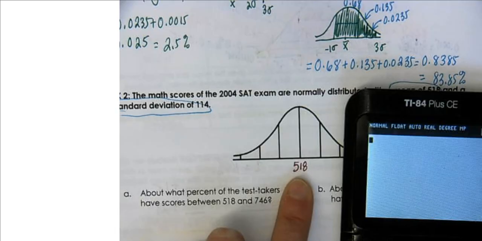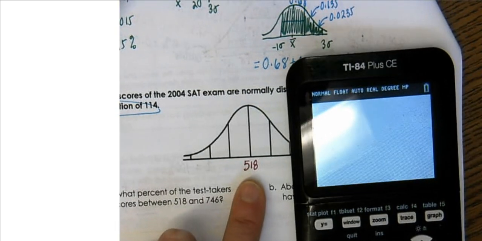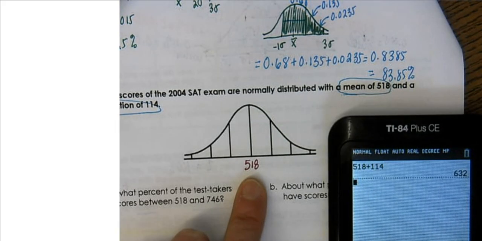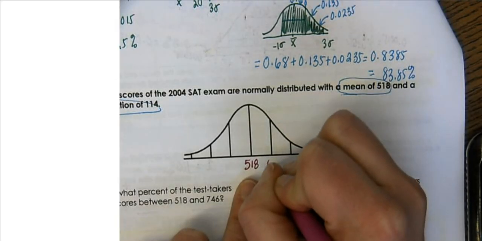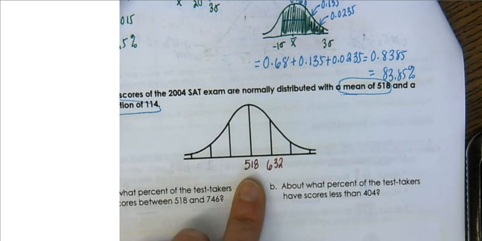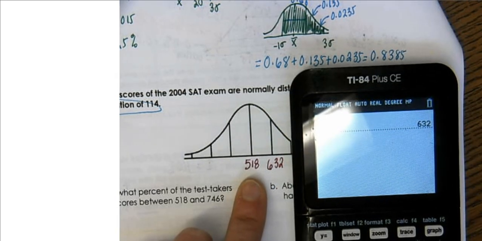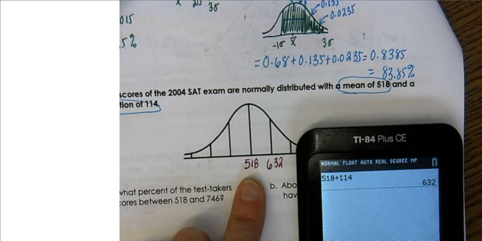So all you have to do in order to do that is you take 518 and we're going to add one standard deviation. And that score ends up being 632. So 632, that score is one standard deviation above the mean. And then I'm going to take 632 and I'm going to add another 114.